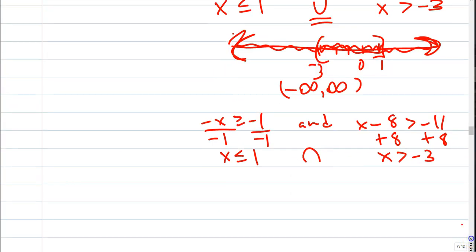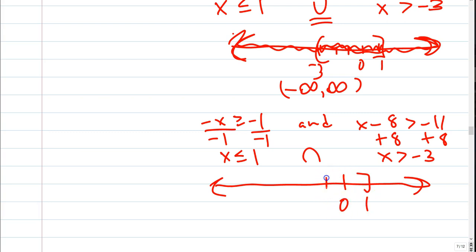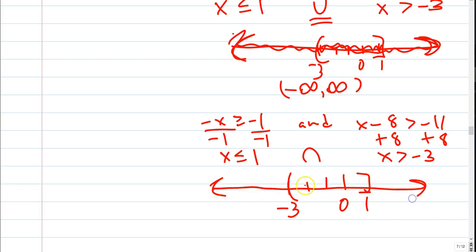Well, this time, I'm still doing less than or equal to 1, and I'm still doing greater than the -3. But this time, I'm not keeping everything to the right and everything to the left. We're only keeping the and, so we're only keeping the overlap in the middle. That's restrictive. That is our and.